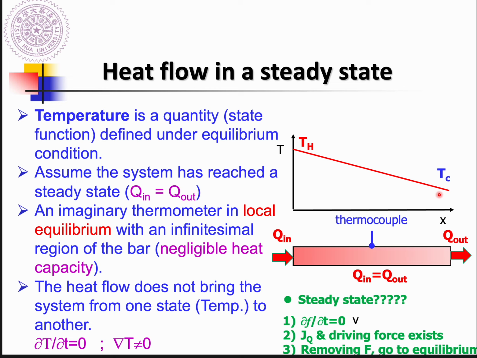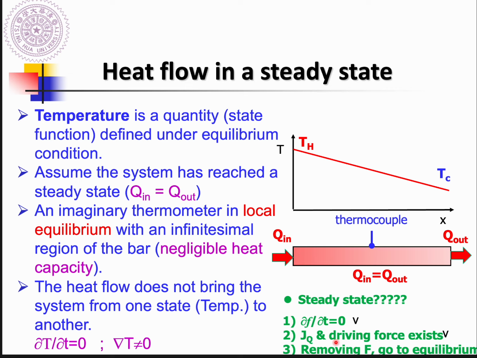The second criterion is that we can observe the heat flux and also the driving force. So yes, we observe the heat flow passing through these materials, and we also observe the driving force, which is a temperature difference applied on this metal bar.